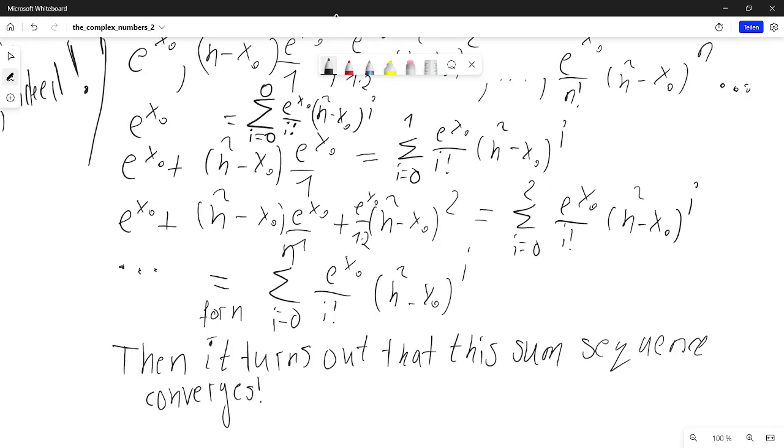That is, as we increase that index more, that indeed converges, right? All right.